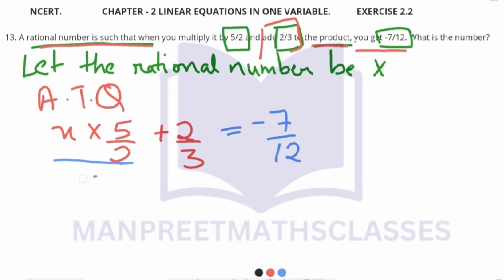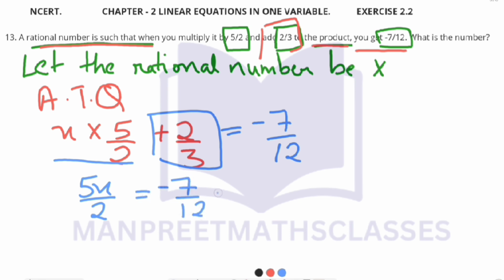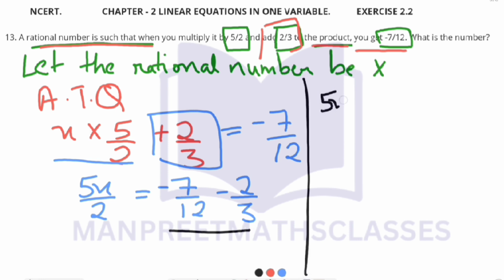So this is in multiplication. So 5x upon 2, this is an addition, so we'll transfer it, is equal to minus 7 upon 12 minus 2 by 3. So we'll solve this first. So 5x upon 2 is equal to, the LCM of 3 and 12 will be 12. So by 12 it will go one time only, so minus 7 into 1.